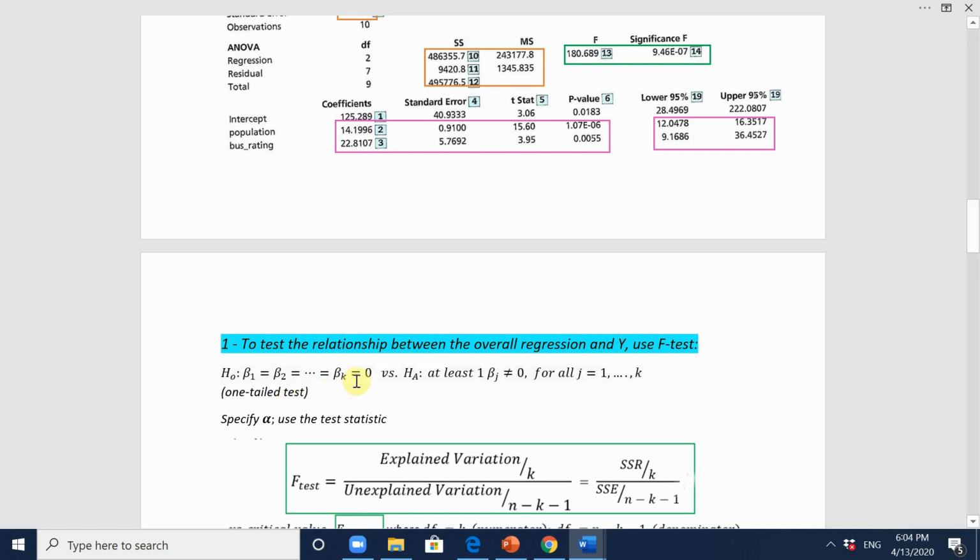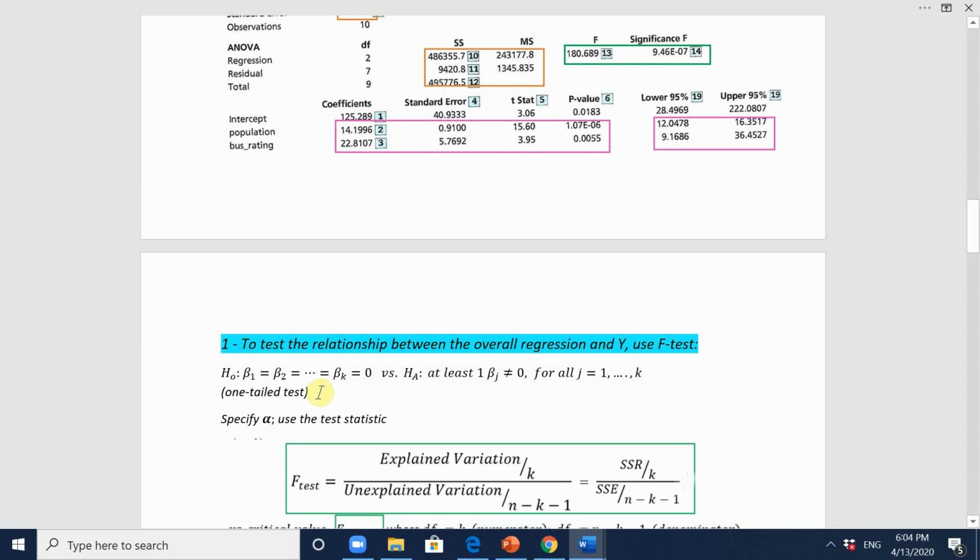So if you've got k independent variables, you've got k slopes, hence k betas. So the null hypothesis says that all the slopes are equal to 0, versus the alternative saying that there is at least one slope that is non-zero. And hence there's at least one independent variable, x of j, that is significantly related to y.